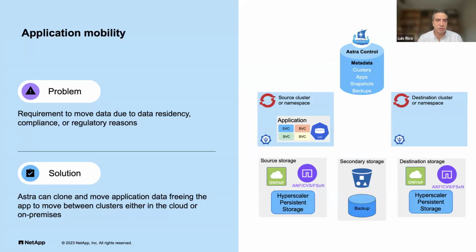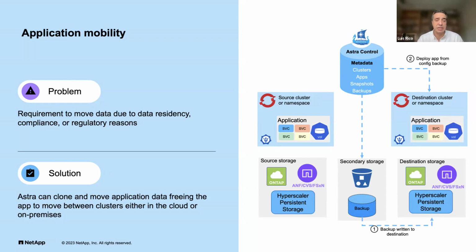If you want to restore, or if you want to move your application with the data, we just have to ask Astra to do the restore, and it will restore from the bucket, from the object storage, to a new PVC in the destination cluster, and then it will redeploy all the Kubernetes resources and connect them with the persistent volume that was just restored.